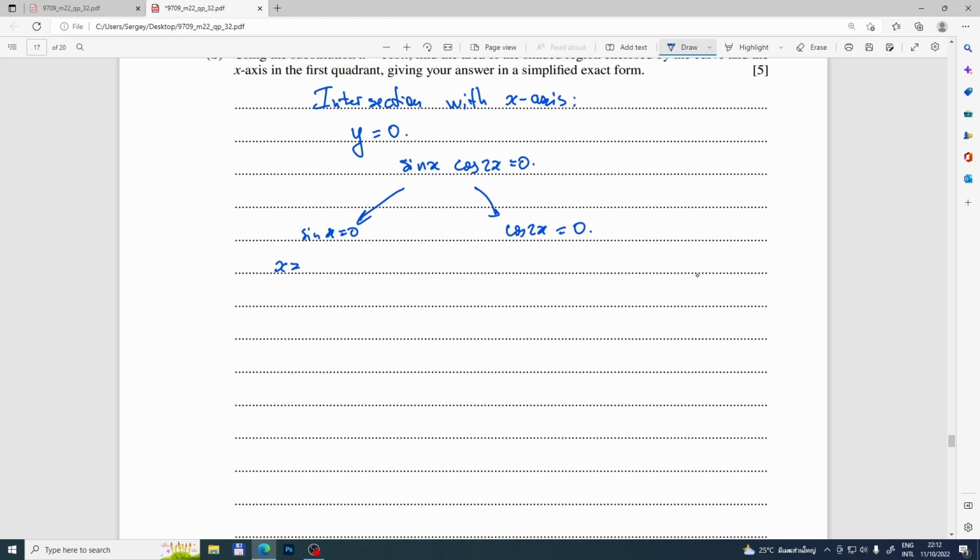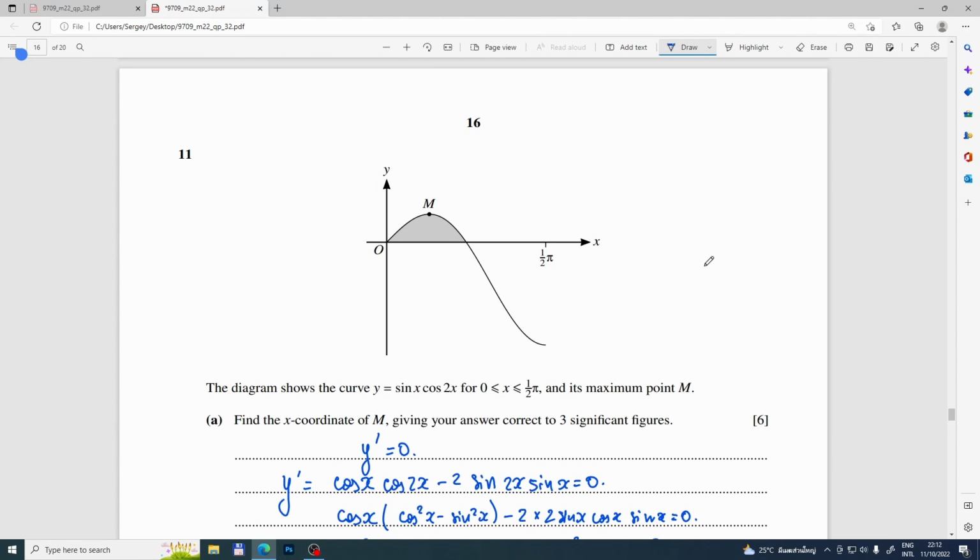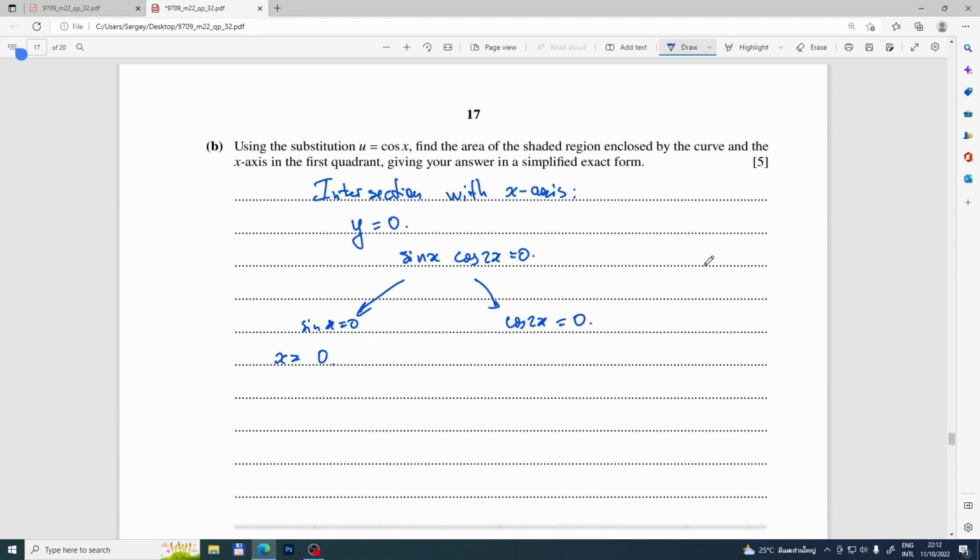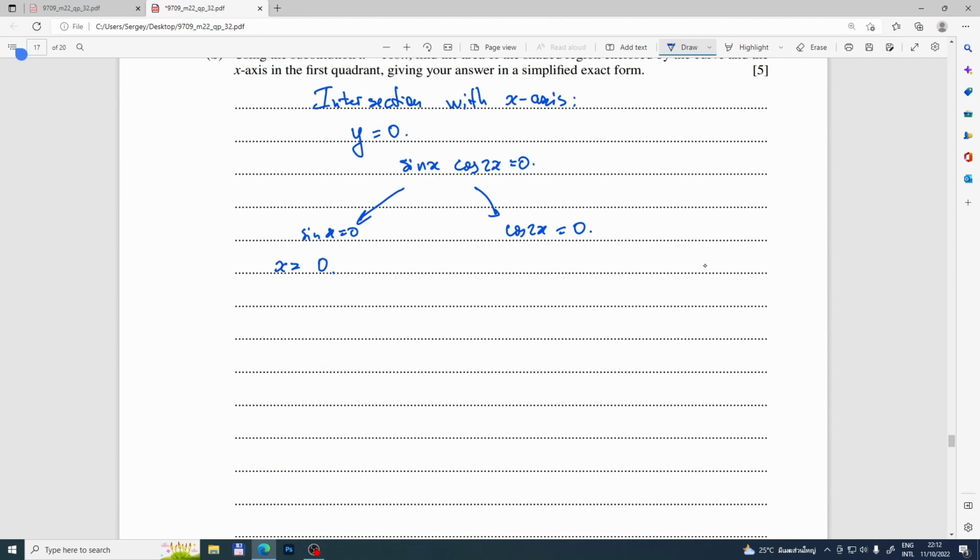So the first equation gives us x equals 0, and that is, if you look at the graph, point O. And for the second equation, you get 2x equals pi over 2, or x equals pi over 4. So that's our point of intersection.